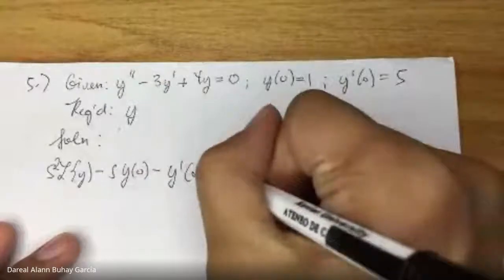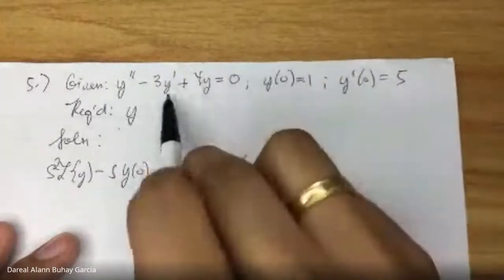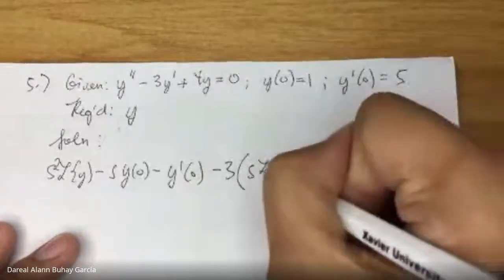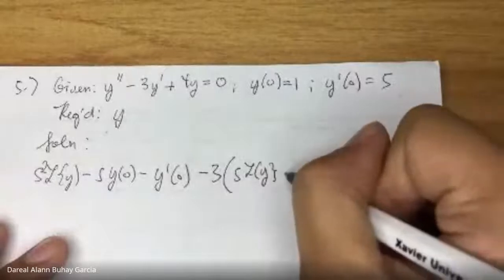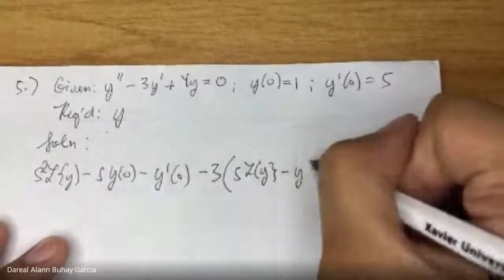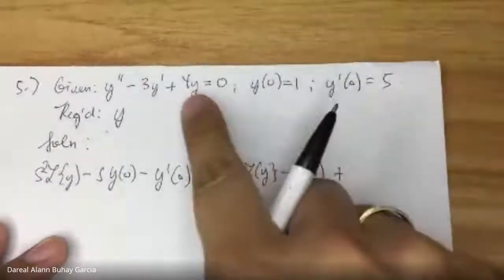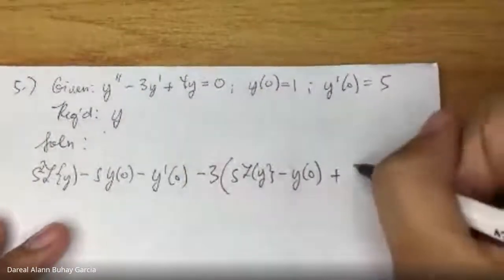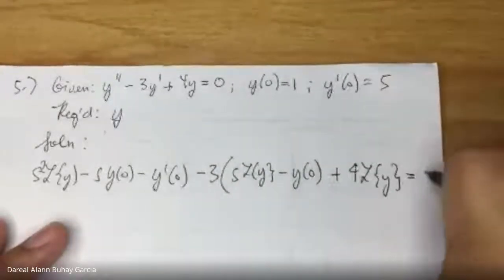Then minus 3 times the Laplace of y prime, which is s Laplace of y minus y0, plus 4 Laplace of y, plus 0.